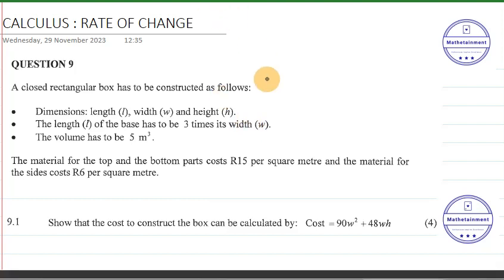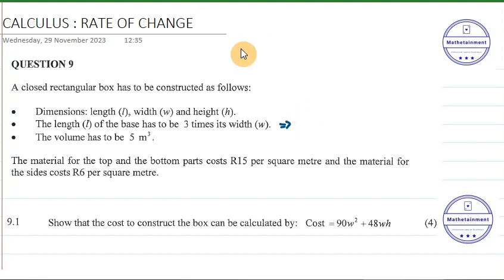So analyzing this information, this implies that L, which is the length, let me write it like this: L is equal to 3 times the width.